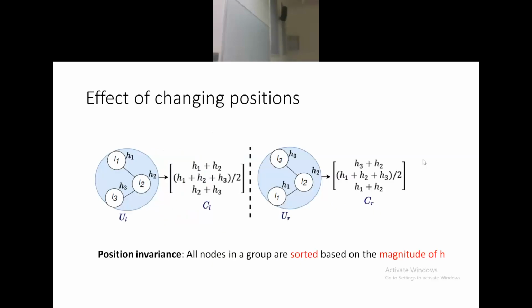Okay, so this is how the effect of changing position works. That's what we're discussing. If L1, L2, L3 change position to L3, L2, L1, we can calculate CL and CR, and then find out the relationship between CL and CR to declare whether this group and this group are the same or not.